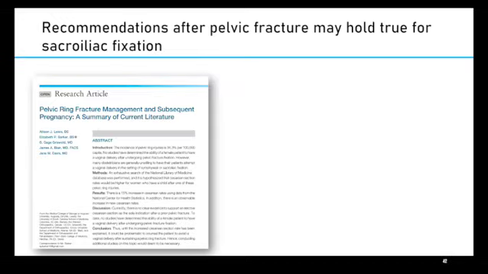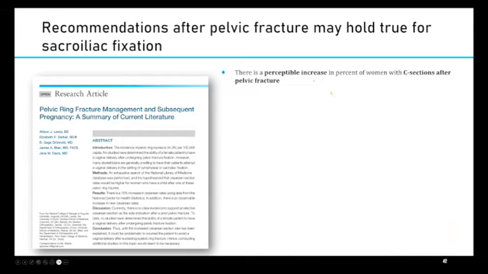So after that, what else can we learn? There are some studies about trauma and the birth canal, pelvic ring fracture, and the management of subsequent pregnancies. What this says is that pelvic ring fracture and asymmetry does not determine whether they get a cesarean section.